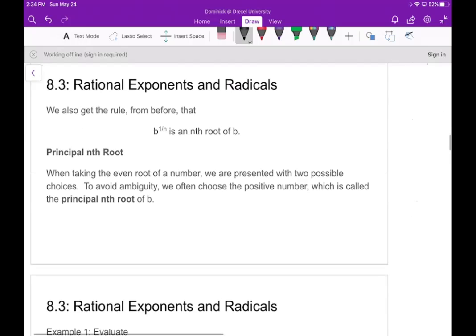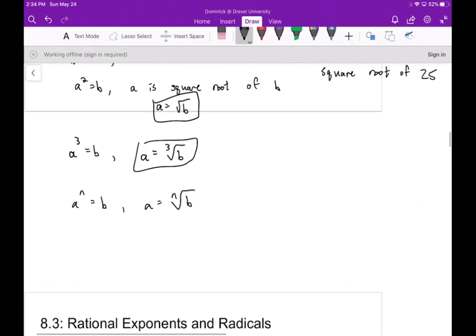Now, one thing that we can also do is use our exponent rules in a clever way here. If I want a's exponent to be 1, then I could raise this to the 1 over n. Of course, then I'd have to do it on this side as well. On the left side, I could use my power to a power rule, and if I do n times 1 over n, I'm just going to get a to the first, or just a.